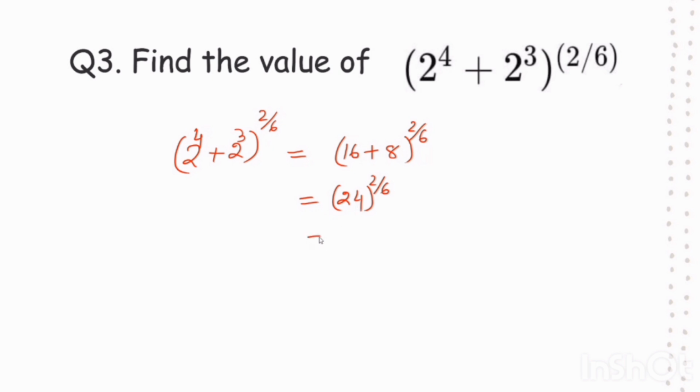Now 24 is equal to 8 3s are 24, whole raised to the power 2 by 6. And 2 by 6 we can simplify. Okay, first let us do 8, 2 cube into 3, whole raised to the power 2 by 6, and 2 by 6 we can write as 1 by 3.